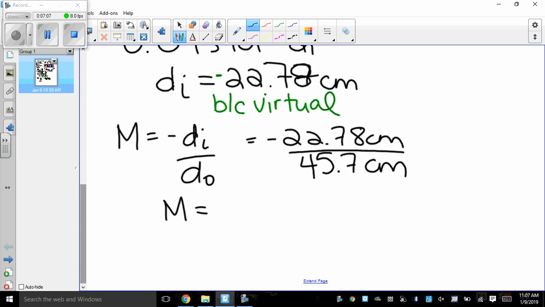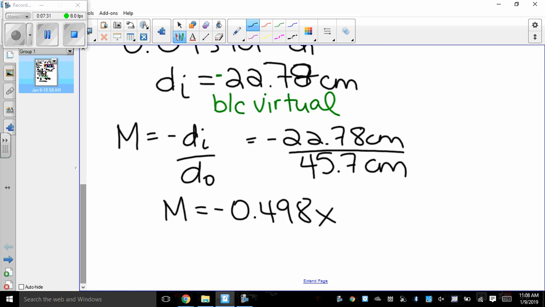Negative 0.49. 0.49846. Okay, I'm going to stop there. Remember that our units for this is like in X, let's say times, or magnified, right? The centimeters cancel out, so it's just saying that it's this much bigger.